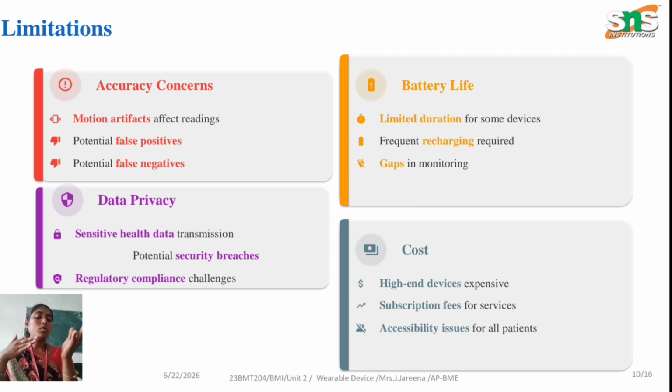Data privacy: because data is transmitted from one place to another and stored somewhere, the privacy of data is a very big question mark. Even potential hackers may hack it, so we have to do regulatory compliance to meet privacy settings.